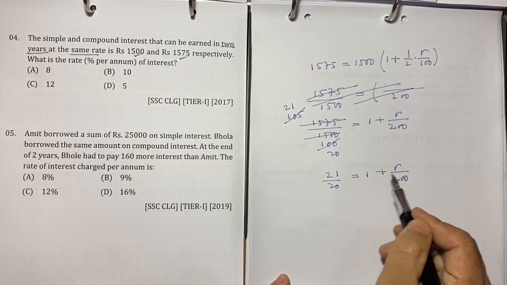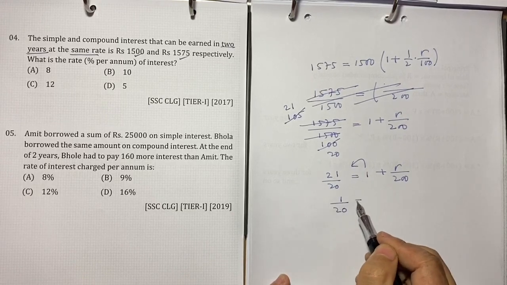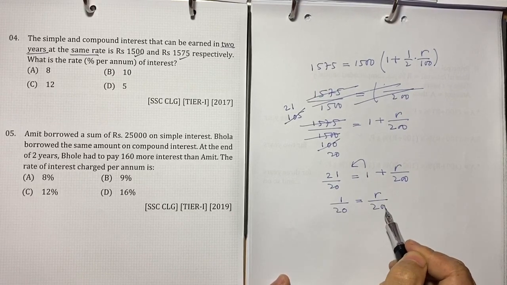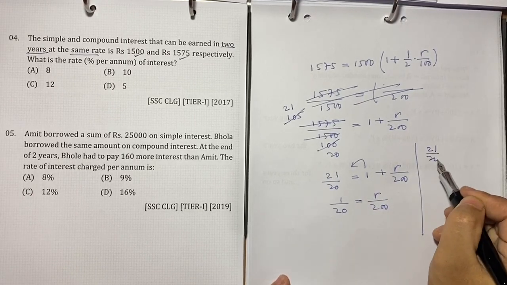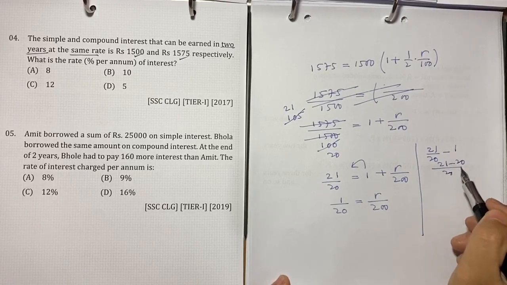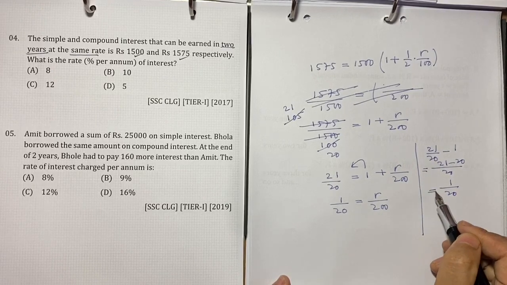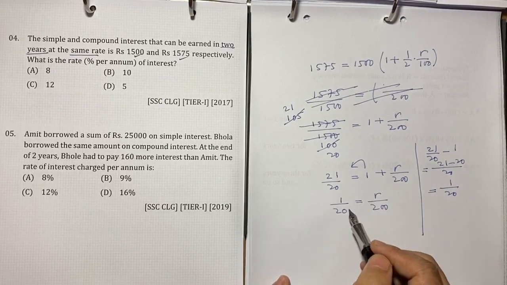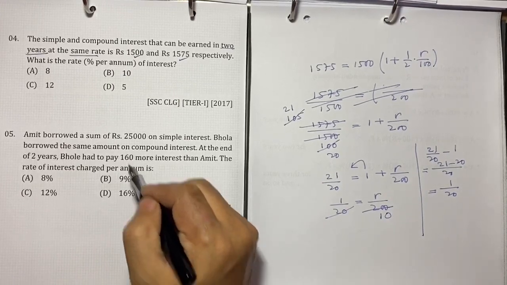Taking 1 across, I will get 1 divided by 20 equals R divided by 200. To explain, 21 by 20 minus 1 is 21 minus 20 equals 1 divided by 20. Cancel at 10. So R equals 10%.